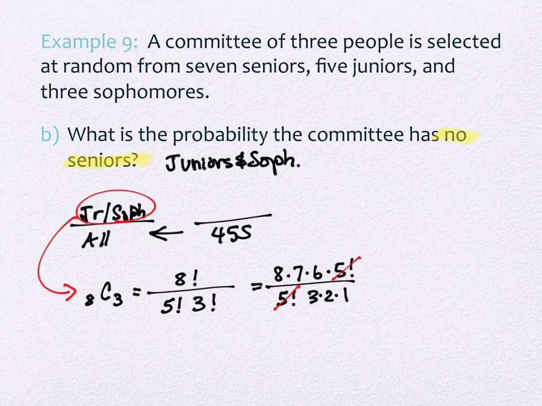So the 5 factorials cancel. What happens with my 3 and my 2? Cancel with the 6. So I end up with 8 times 7, which is 56. So up here, 56. I won't write the fractional one, but you could, it would be okay. They will reduce.